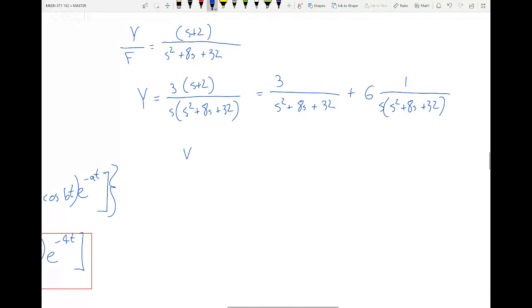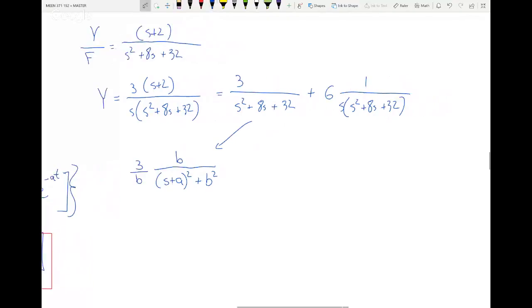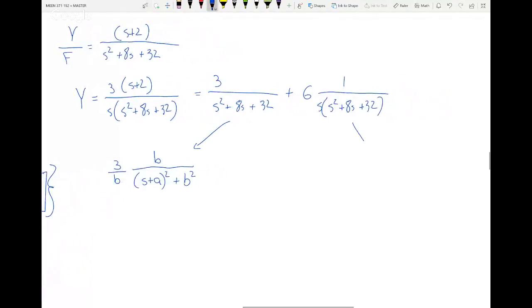So Y equals 3 over b times b over (s plus a) squared plus b squared, which is the form shown in number 10, and this is like we've done before.